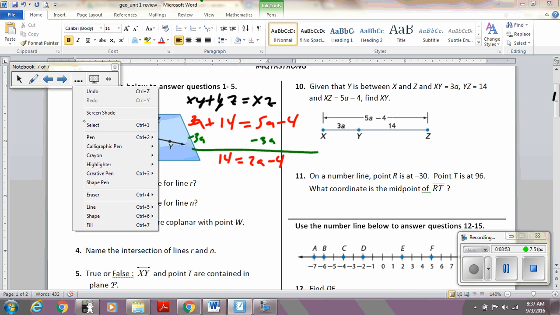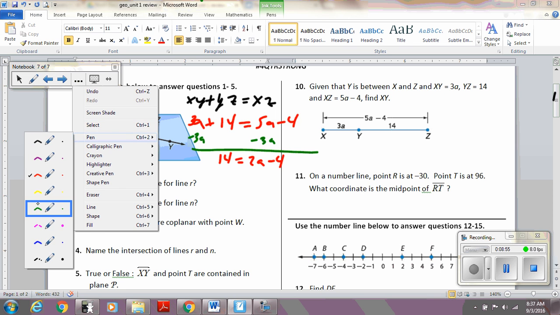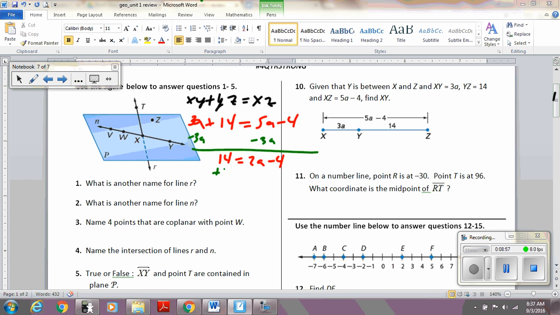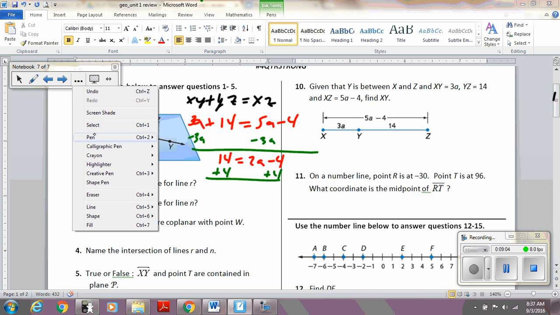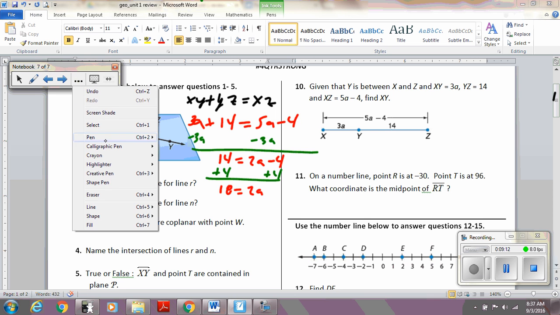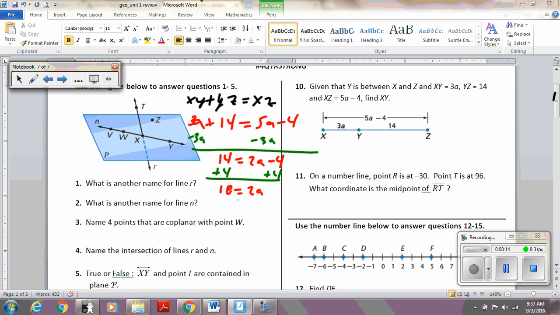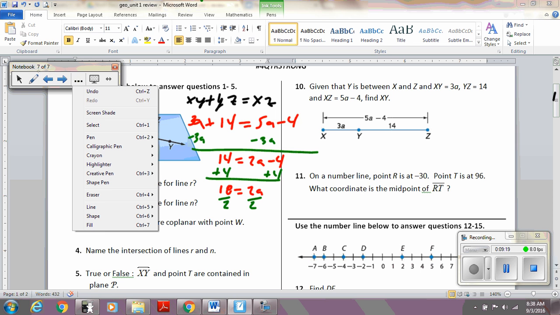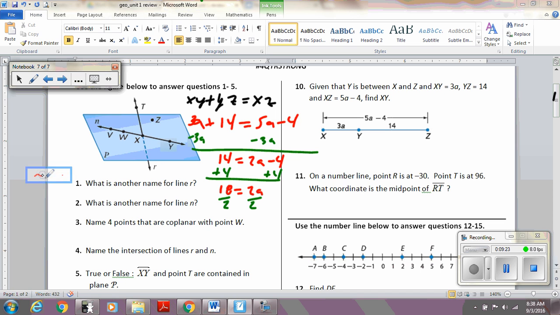Then add 4 to get 18 is equal to 2a. Then divide both sides by 2 to get a, or 9 is equal to a.